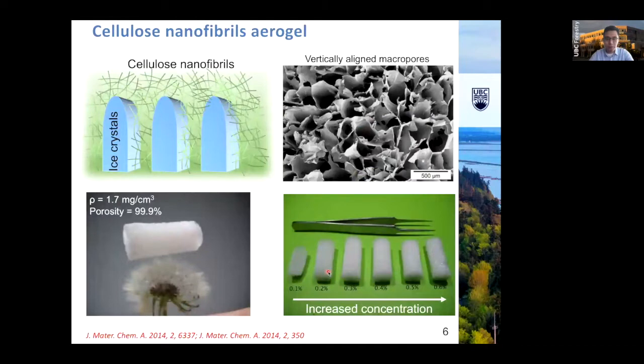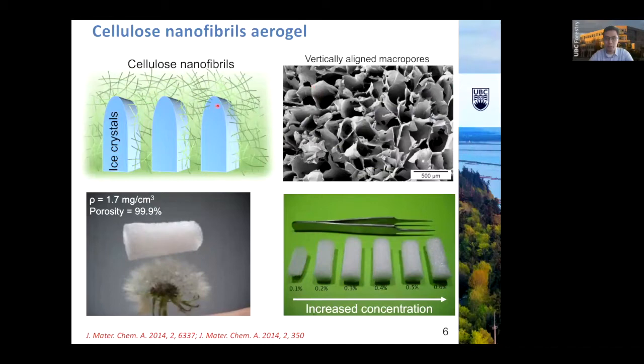Very briefly about the aerogel: nanocellulose aerogel has been researched for over a decade. I think the first aerogel paper about nanocellulose came out in the early 2010s. Here we use an ice crystal templating method to assemble those cellulose nanofibers into a honeycomb structure.